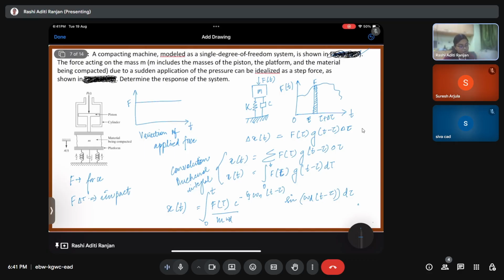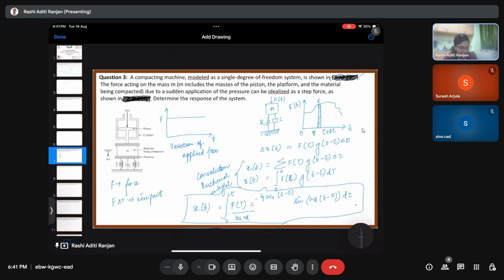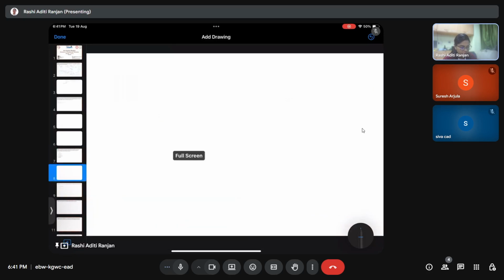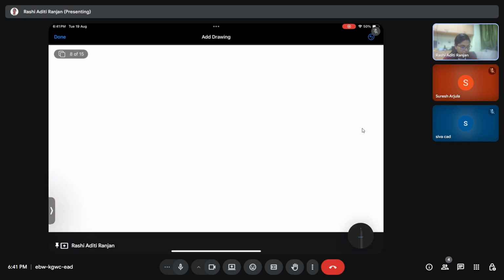Now, if I want to use this equation to find the solution, how will I do it? So see, firstly, if I consider c is equal to 0, what am I going to get?